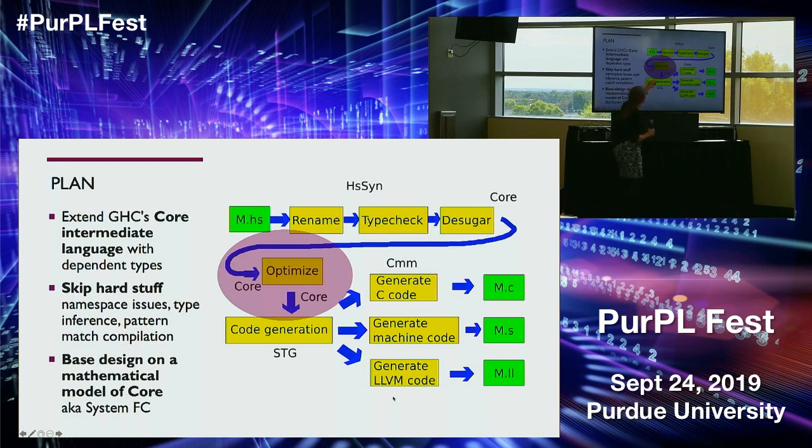So it's better to start where we're closer to what the semantics are. Another reason to work with Core is that we actually have a mathematical specification of Core. Core itself is still pretty complicated, a language implemented inside of a compiler, but we have mathematical descriptions of that language.